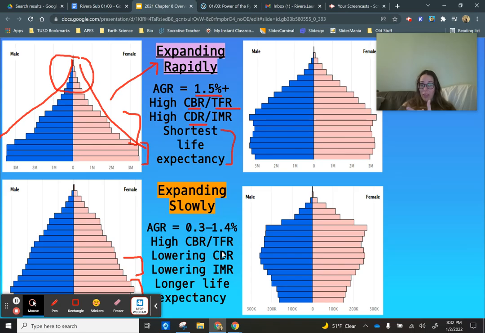It's still growing, but maybe not as rapidly as the ones that we just saw. We still have a lot of babies being born, so still a high crude birth rate, still high total fertility rate, but our crude death rate is lowering, so we can see more people up here in our post-reproductive, and lifespan and life expectancy is rising.